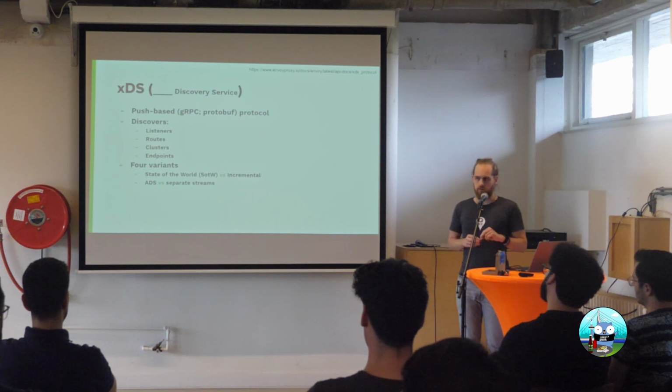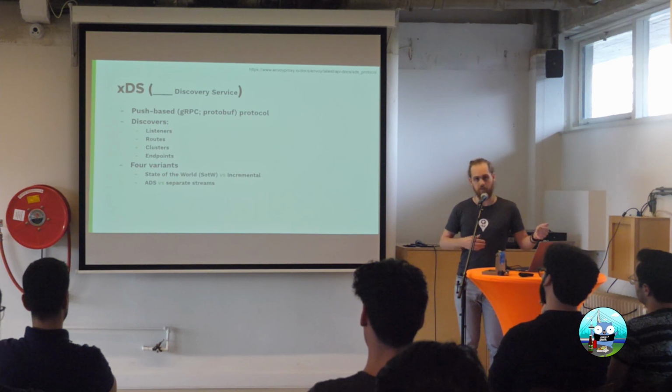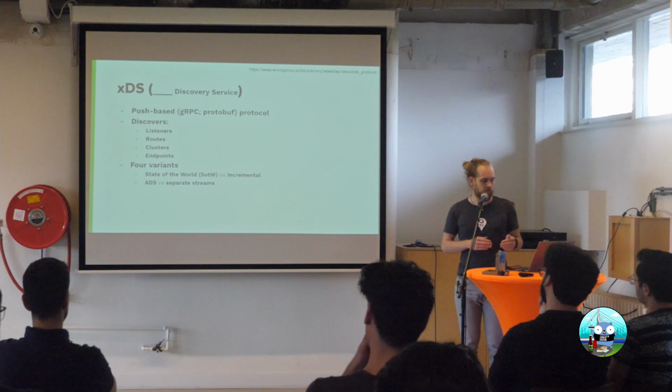And there are four variants. So you can retrieve all of these resources at once, or you can retrieve them per type. So you can retrieve first all the listeners, then the routes, since the routes depend on the listeners, but you could already start with retrieving the clusters and then retrieve the endpoints. But you can also retrieve them all at once.